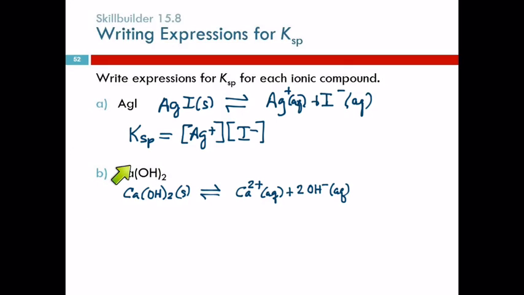So for every one of these, we get 1 calcium and 2 hydroxides. So then KSP equals the calcium ion concentration times the hydroxide ion concentration squared. Questions?